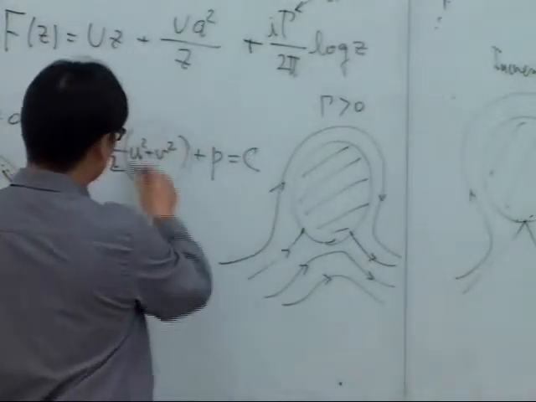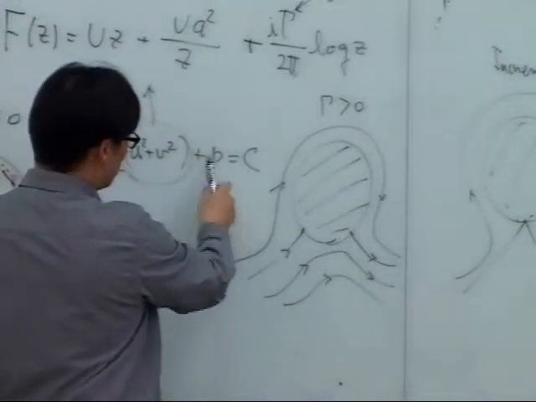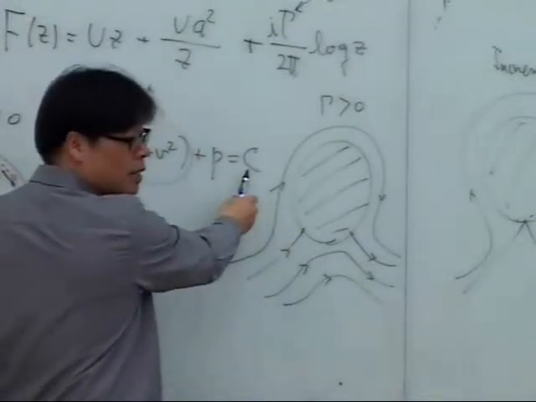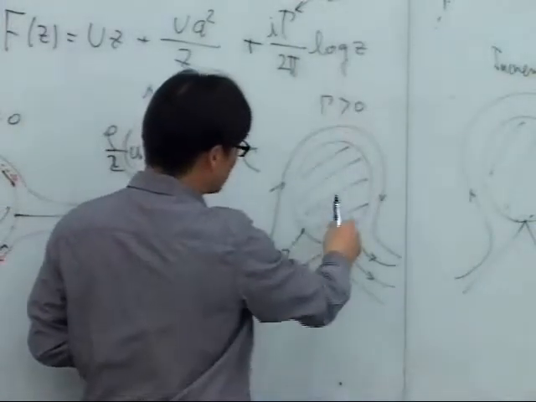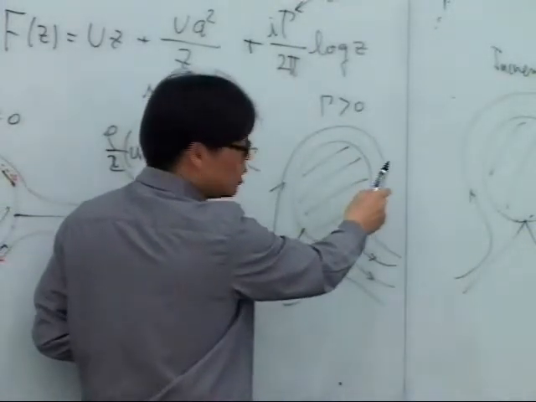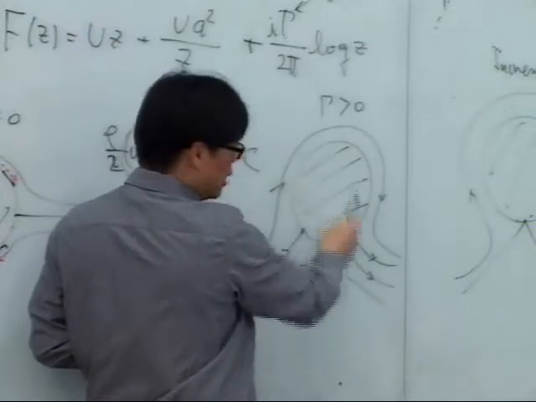So if the velocity increases, pressure has to decrease to make it a constant. So this time by adding the vortex, I increase velocity, so I decrease the pressure.